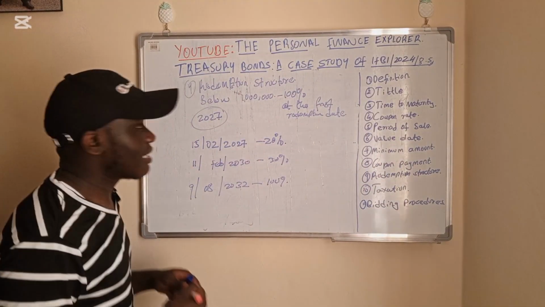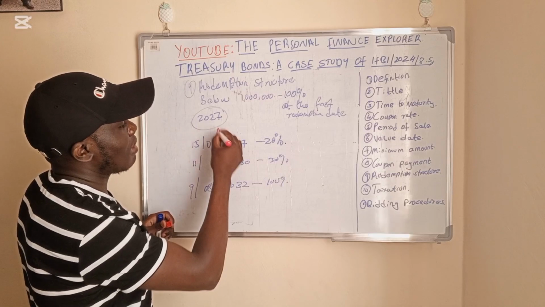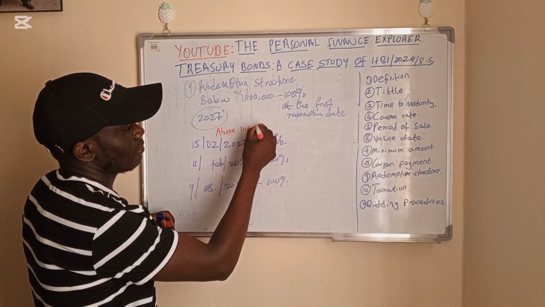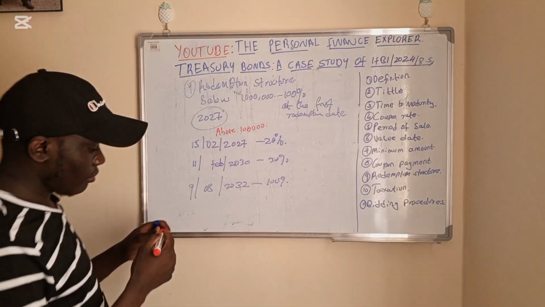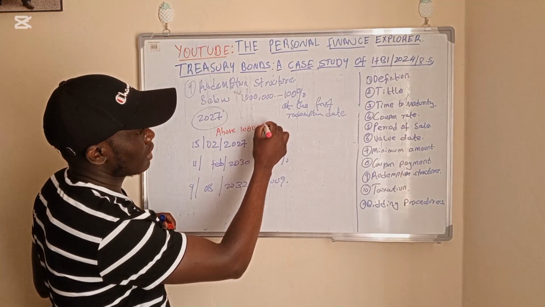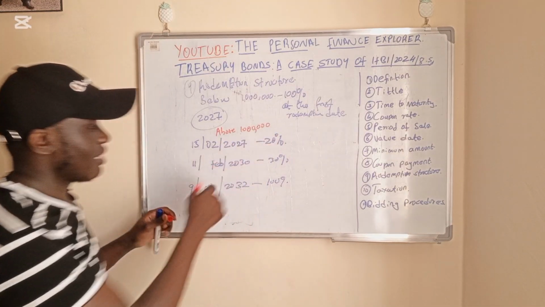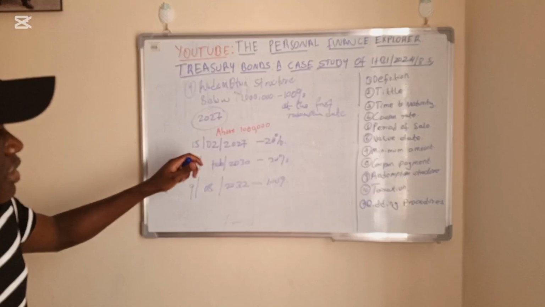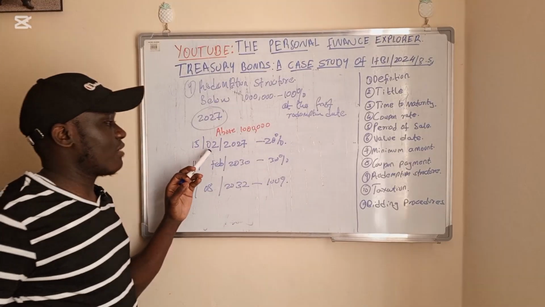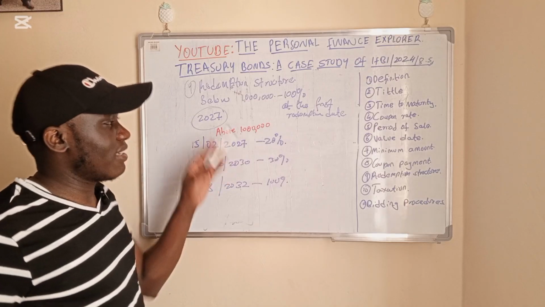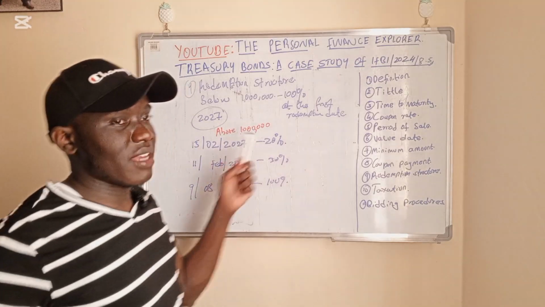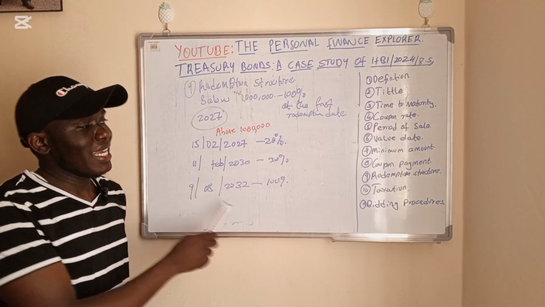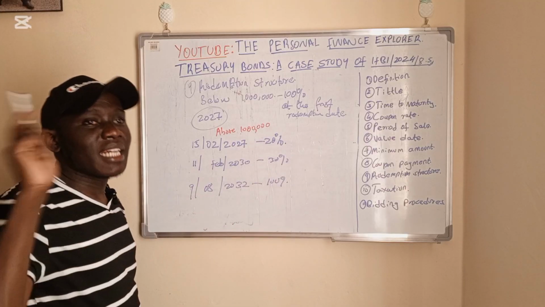Now, this redemption structure is for investors who had invested an amount above 1 million. So on the 15th of February 2027, they get 20% of their money. On the 11th of February 2030, they get 30% of the remaining amount.